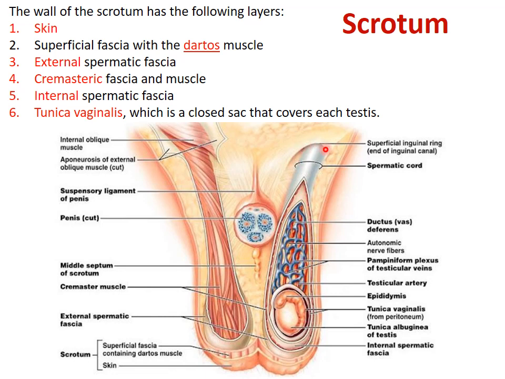That opening is called the superficial inguinal ring. So this is a rounded opening through which the spermatic cord enters the abdomen, right? And we will discuss later the inguinal canal, because here there is a canal to pass through, then it will enter into the abdomen.